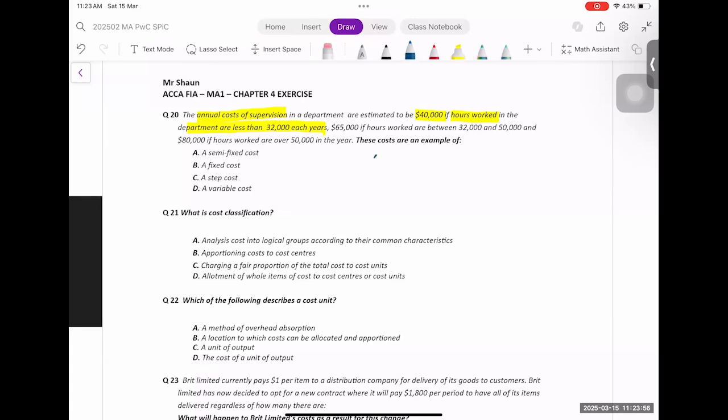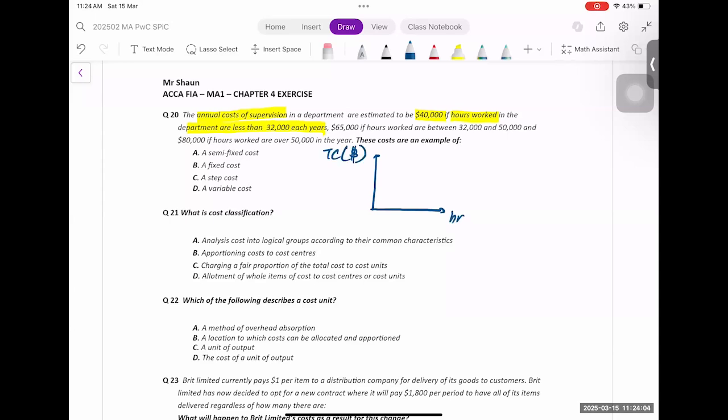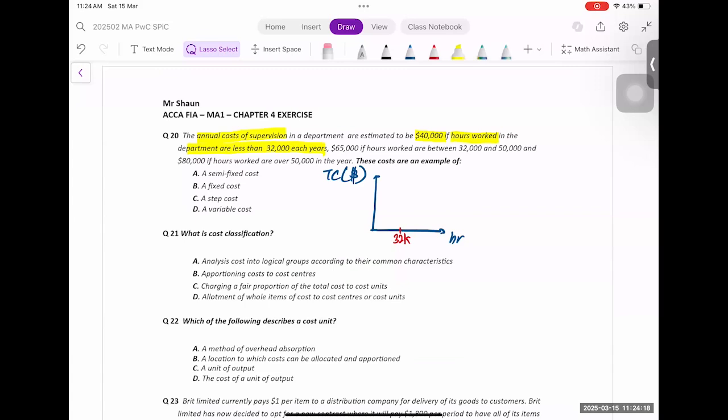So that means if I draw this on a graph, which is your total cost, as long as you work for less than 32,000 hours, the total cost will be 40,000. But if you work between 32 to 50,000 hours, your salary will increase.